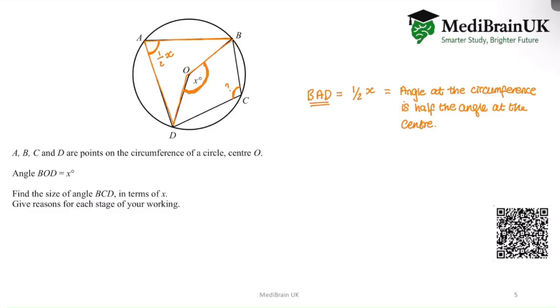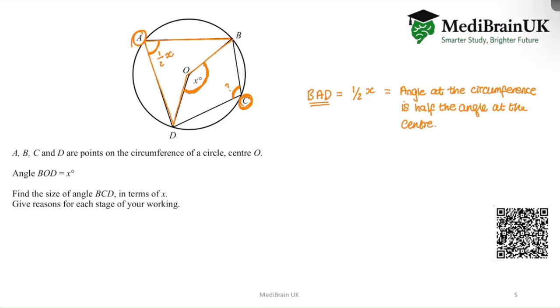Okay, so we have worked out what angle BAD is. We need to work out what this angle BCD is. And we can spot that we know angle A, and angle C is completely opposite to angle A, which shows that it's opposite angles in a cyclic quadrilateral that we're looking for. So opposite angles in a cyclic quadrilateral add up to 180 degrees.